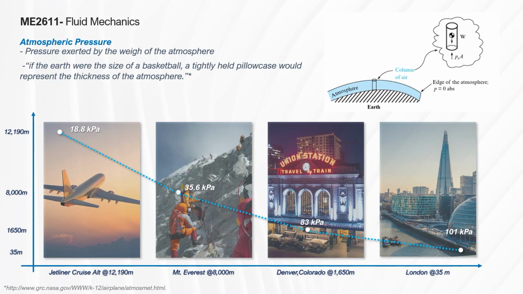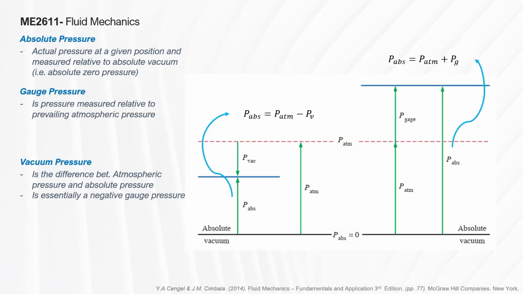And so, speaking about standard, may ibang levels yun. So, we have yung absolute pressure, we have gauge pressure, and then vacuum pressure. It really depends on your frame of reference kung saan mo titingnan.